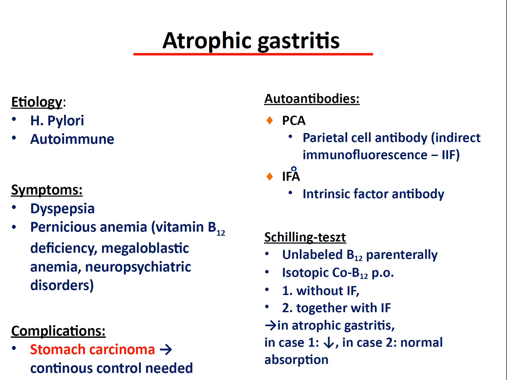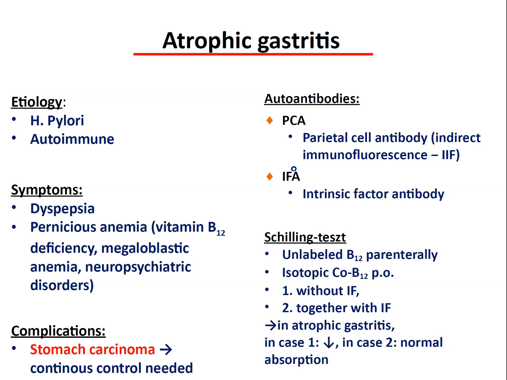You want to see whether this B12 malabsorption is due to an abnormal milieu in the stomach, for example, you don't have intrinsic factor, or you have some additional problem. In this test, they first give unlabeled B12 parenterally, and then isotope-labeled B12 is given orally, and they measure the labeled B12 in the urine.